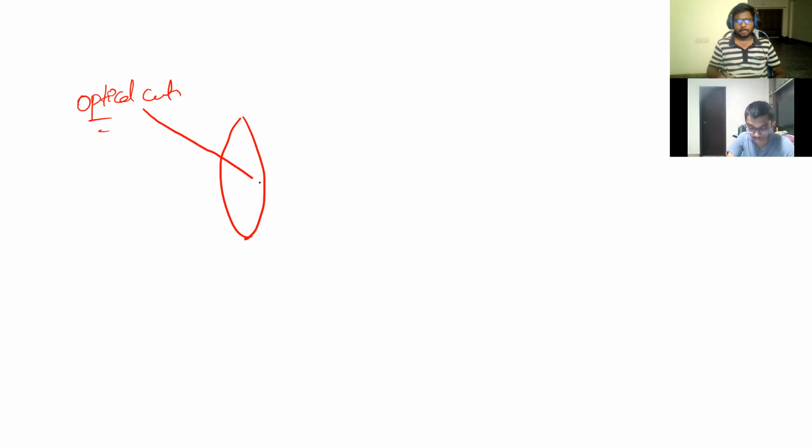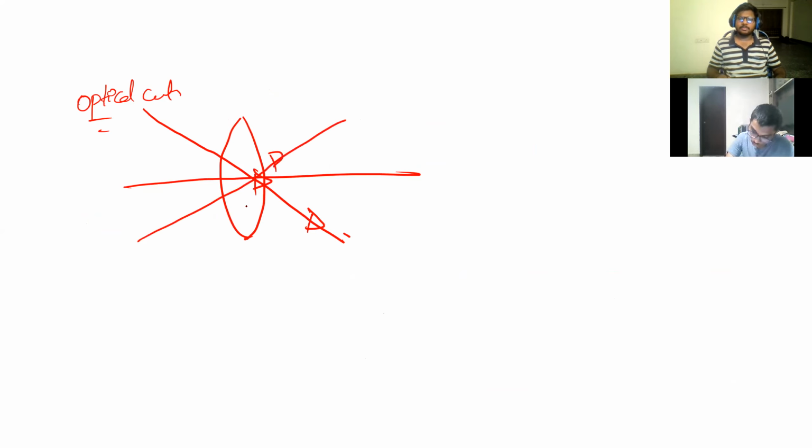That is called the optical center. At the optical center, when you put a light ray, it passes undeviated. There will not be any deviation or refraction; it will pass straight through that center.